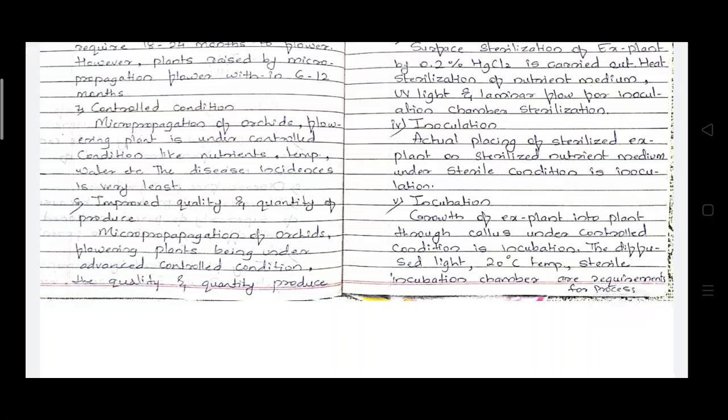Incubation is the growth of the explant into a plant through callus under controlled conditions. Diffuse light, a 20-degree temperature and a sterile incubation chamber are required for the process.